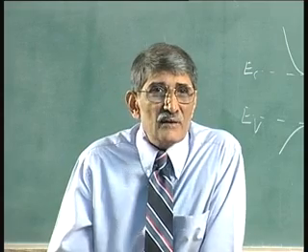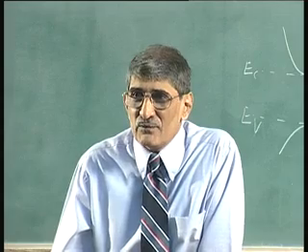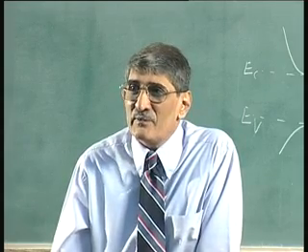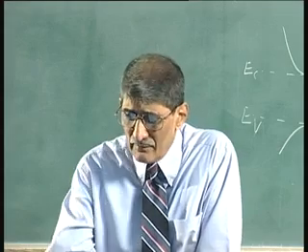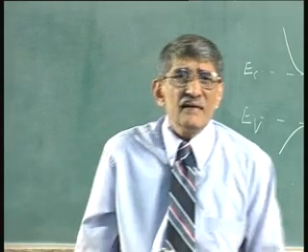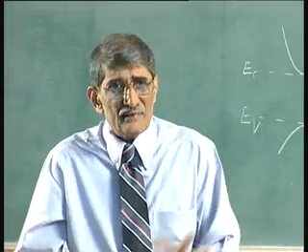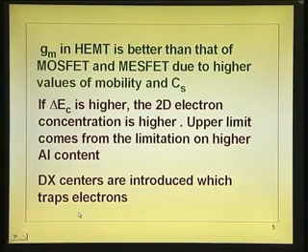So, the technology suffers from this difficulty. So, the technologist puts hands up immediately and says there is an upper limit, and added to that is this performance limitation because of this center which is called DX center. I do not know why they call it DX center, it is a trap center. There are usually funny ways of naming some of these devices and some of the behaviors.